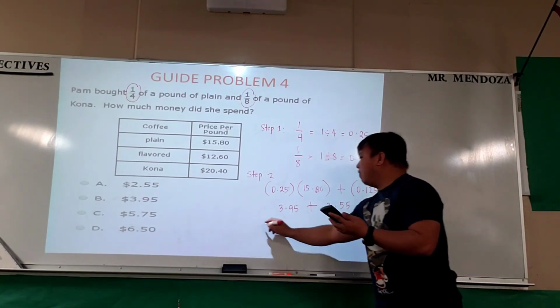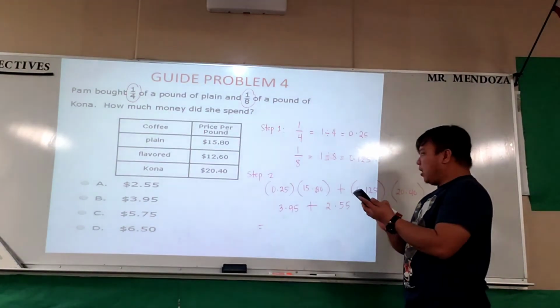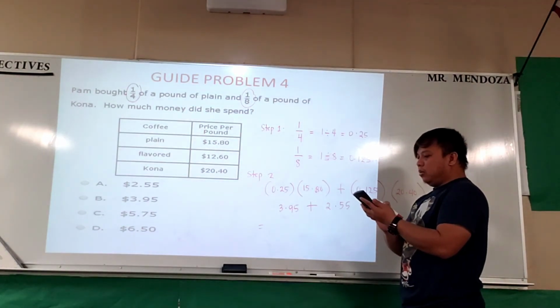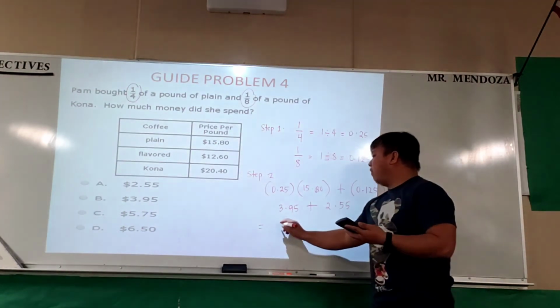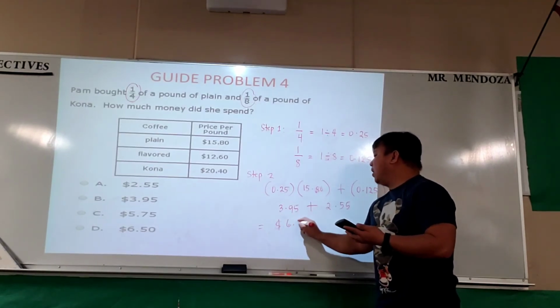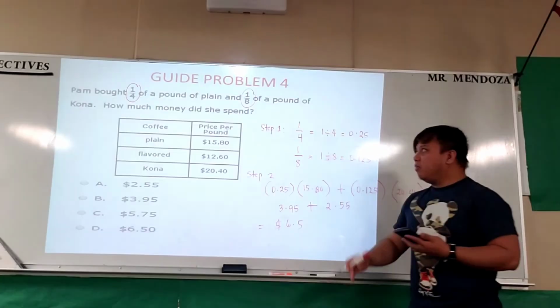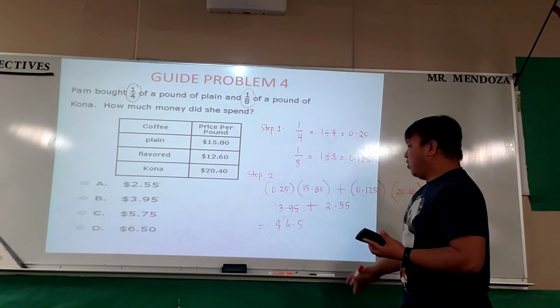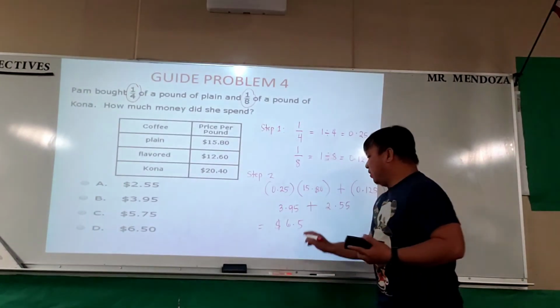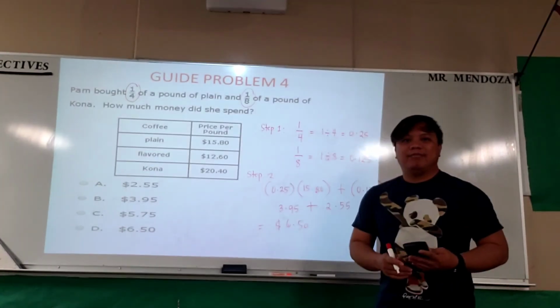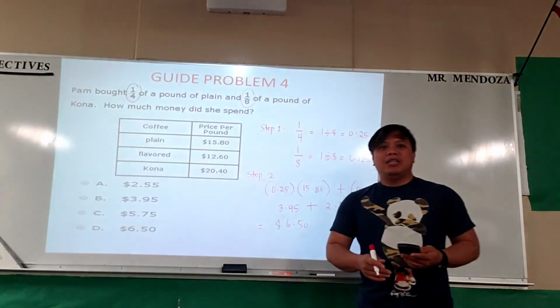The final answer would be, add these two, so it's going to be 6.5. So the total amount of money that she would spend is going to be $6.50. That's all for review session number 1.